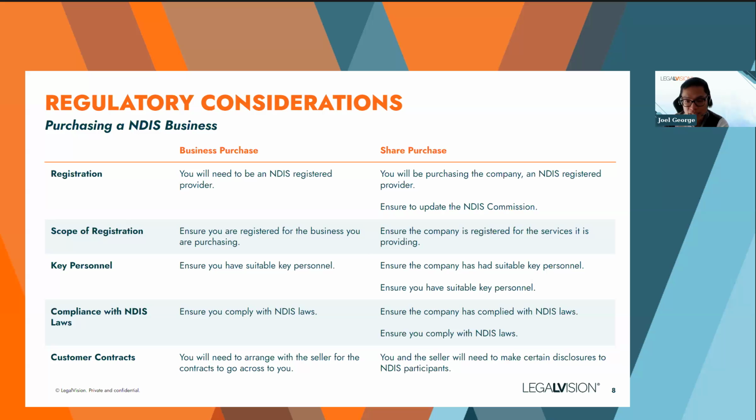So there's not necessarily any transferring or novation of contracts. You're really looking at taking over the contracts. However, there may be change of control clauses you need to look at, and you may still need to update your NDIS participants with regards to the sale. So in all of this, you will notice that NDIS registration was a common theme in a lot of what we just covered.